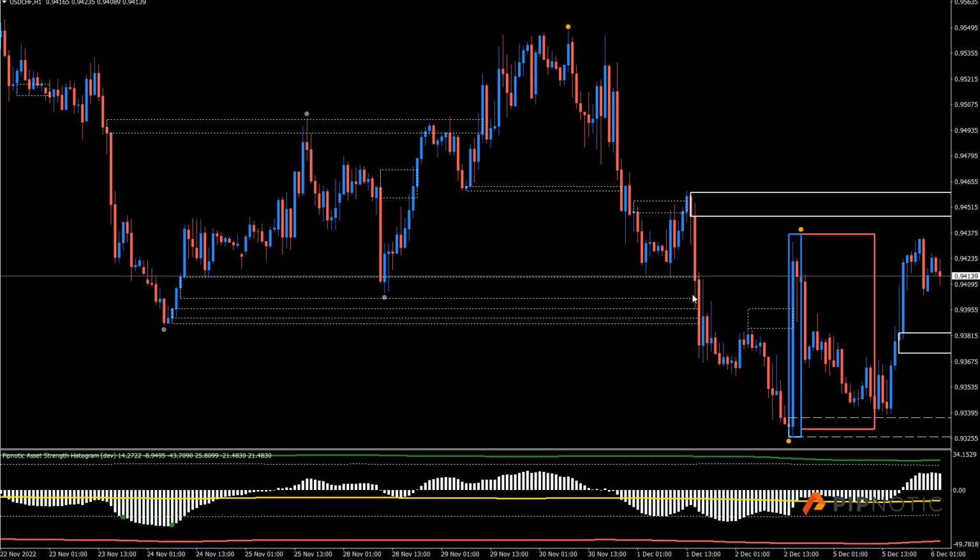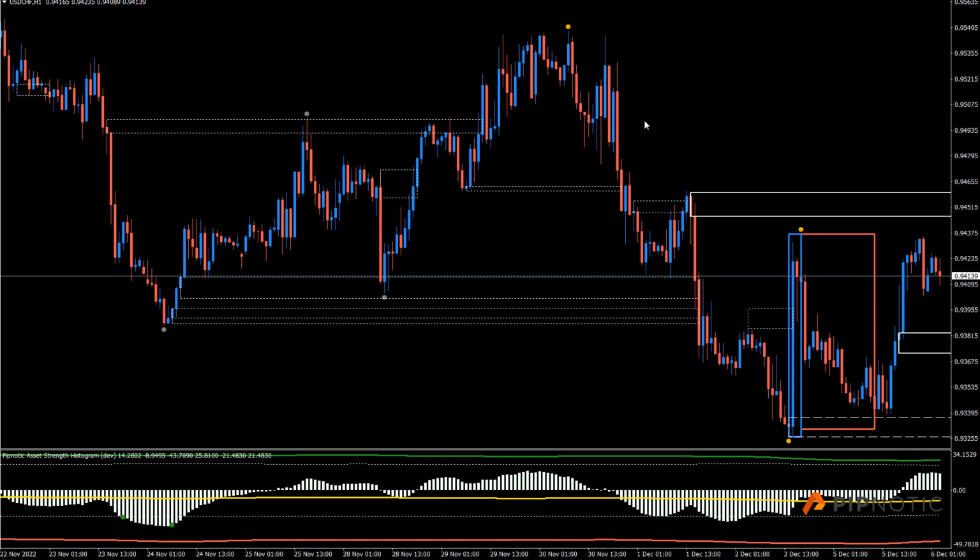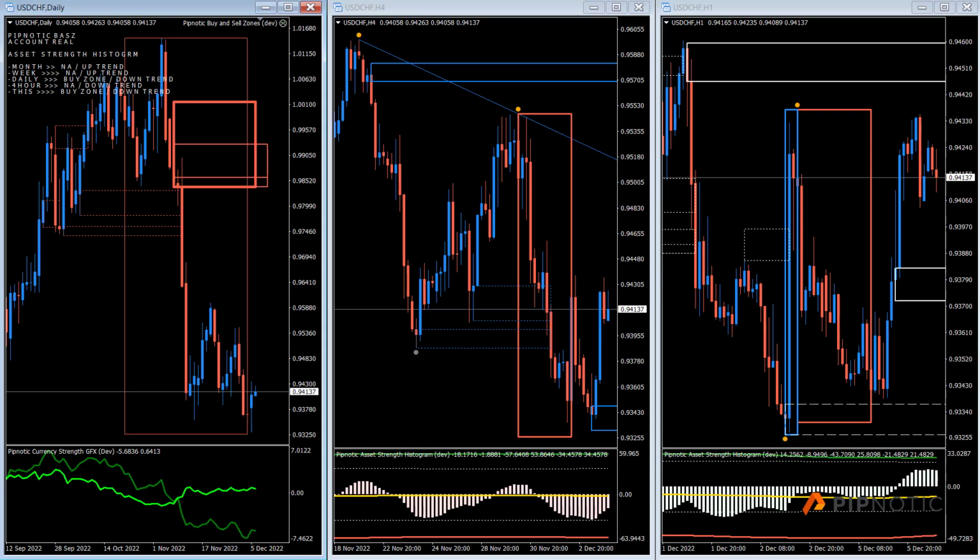We're also seeing something slightly similar here regarding divergence, where we have prices going down, but the underlying strength of these two currencies relative to each other is changing. Okay, and so I can say, that's great. So I think we're probably going to move higher from here.